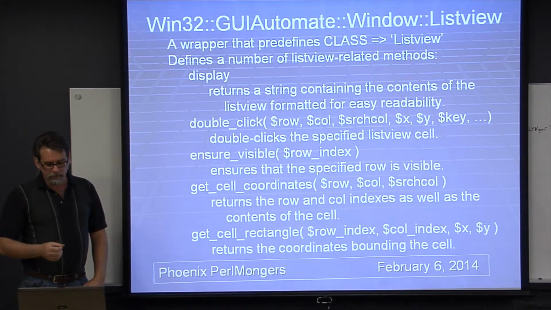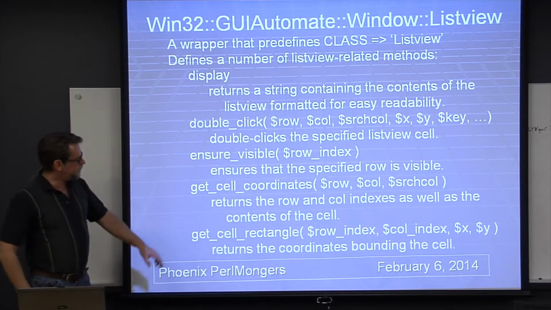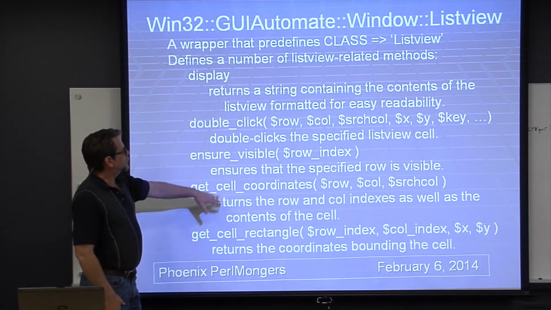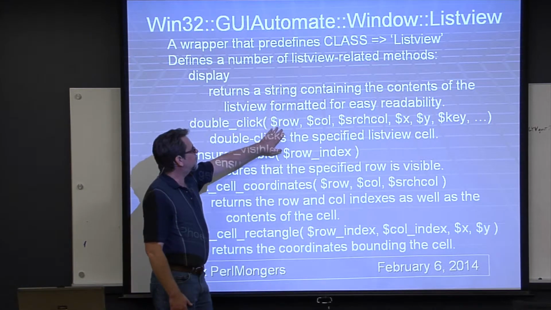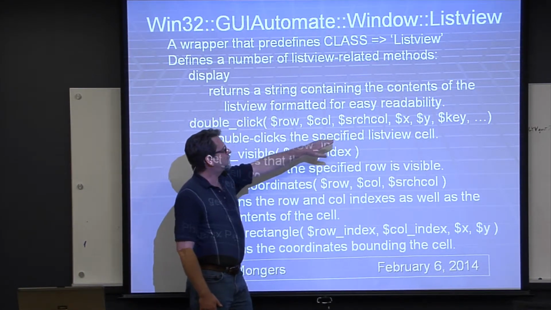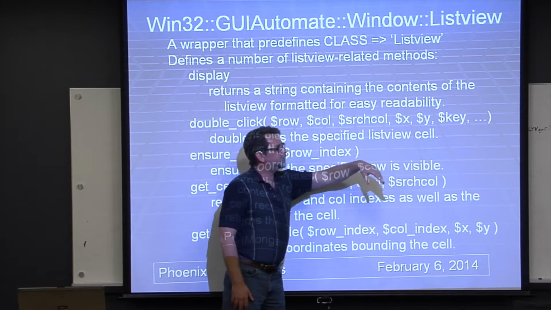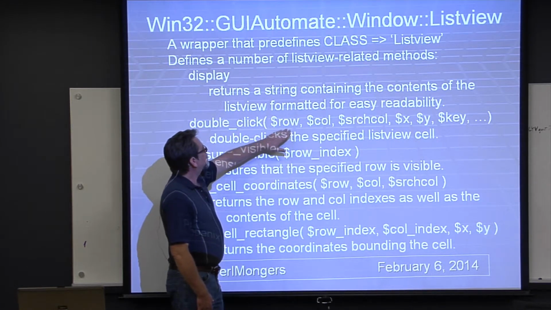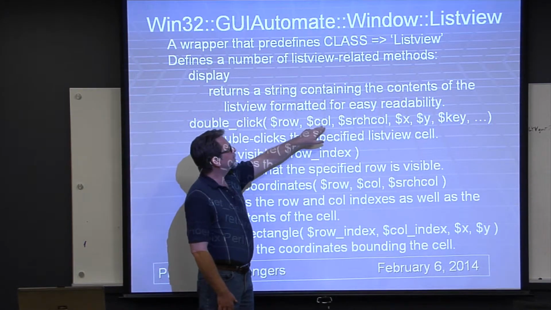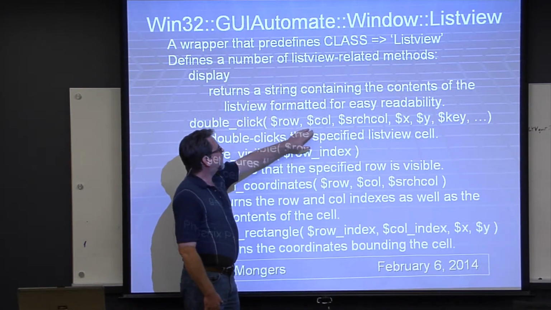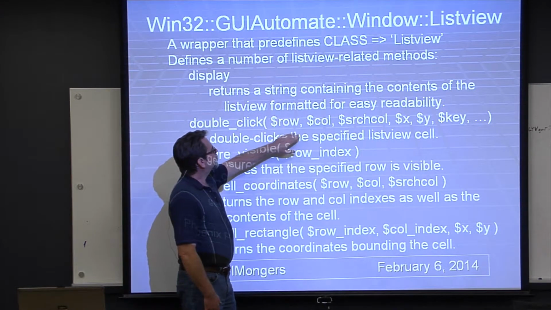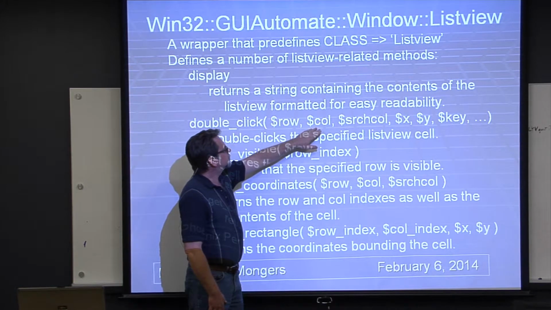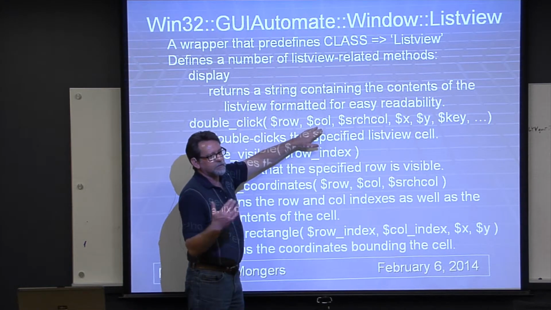You can of course double click the list view. However, with the list view, all the indexes, instead of just X and Y, you actually have row, column, and a search column, as well as offsets, and then your keys. So you can say, I want to click on row 2, column 3, or if you want to use text, I want to click on, say, the word Sam under the column that has the name, I don't know, Peter.